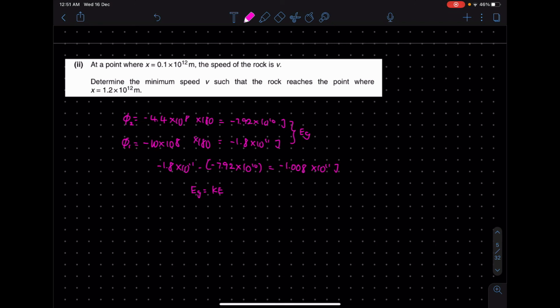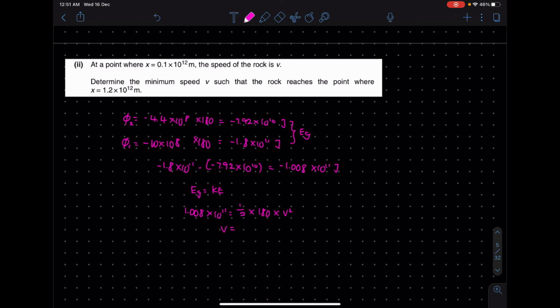Now here, by the law of conservation of energy, you can just use this: 1.008 times 10 to the power of 11 will be equal to the kinetic energy of the rock, so times the mass, which is 180, and the v squared is like that.